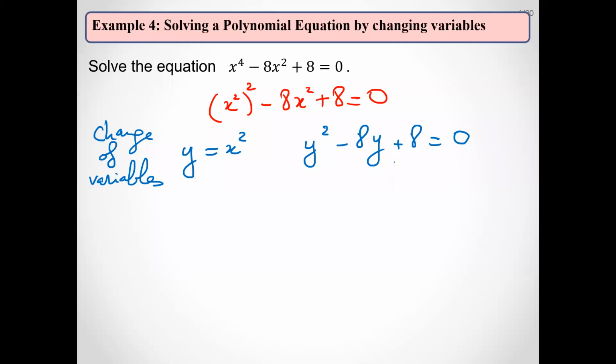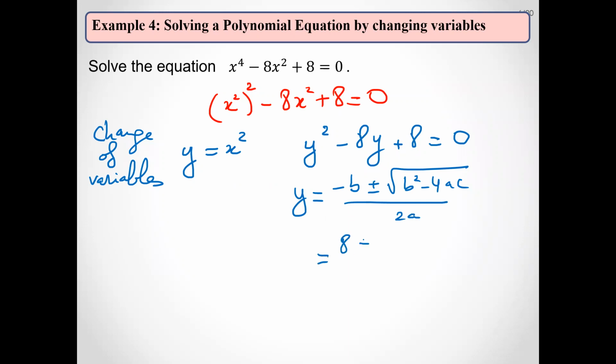So to solve this quadratic equation, can I factor? I don't think so. So we use the quadratic formula y equals minus b plus or minus root of b squared minus 4ac over 2a. b is minus 8, so 8 plus or minus root of 8 squared, 64, minus 4 times 1 times 8, over 2.